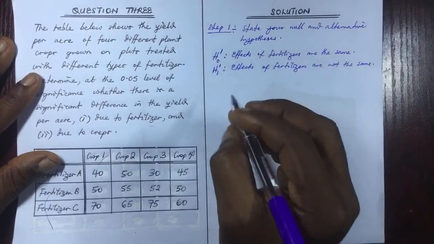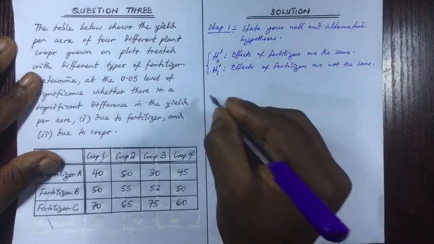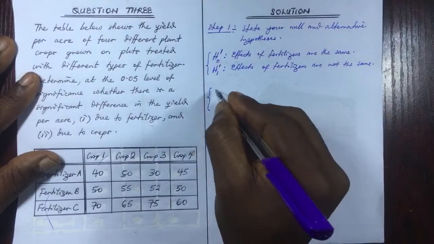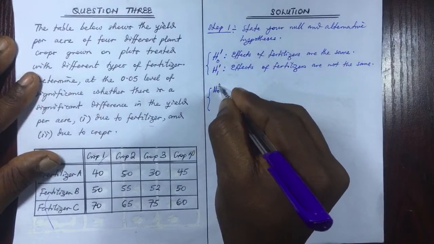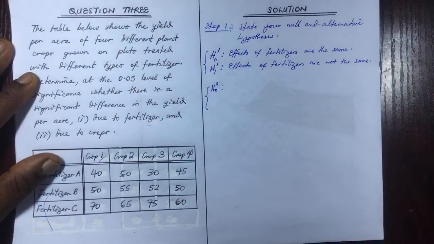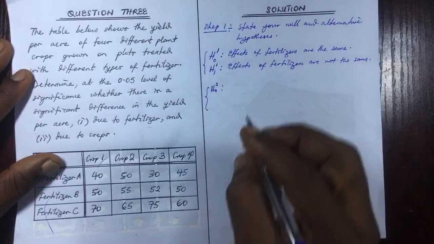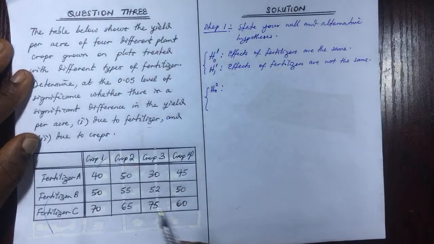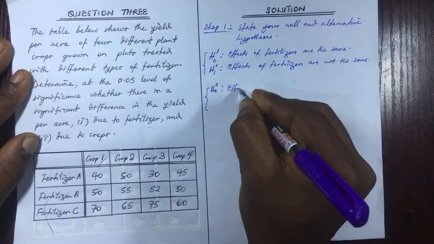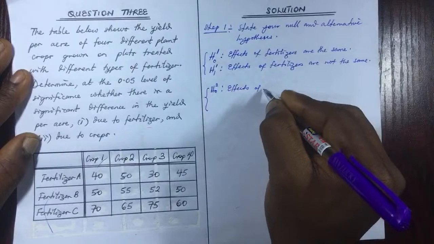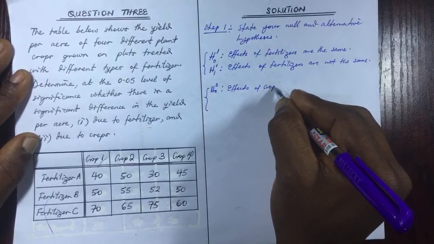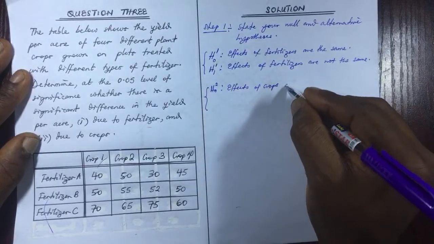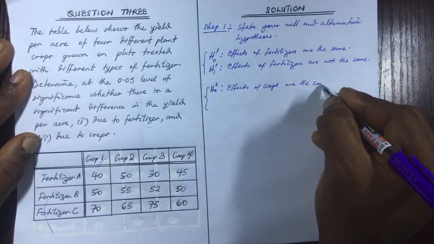Now I will come over to the second set of hypotheses, H0 2. H0 2 is the second null hypothesis, and remember, that will be for blocks. We are using crops as blocks, so this will state that the effects of crops are the same.